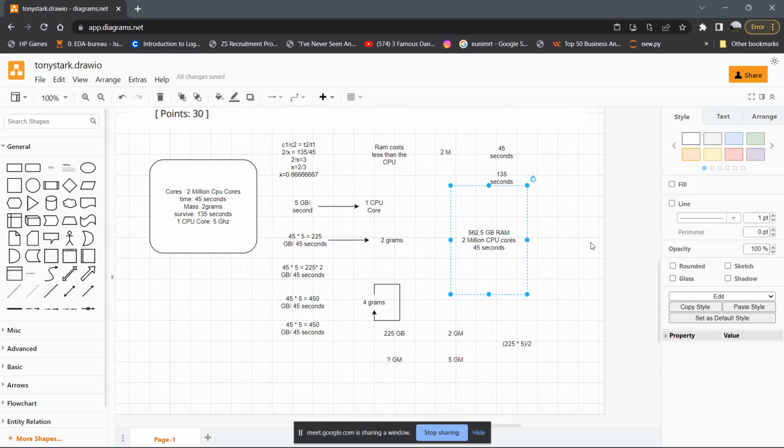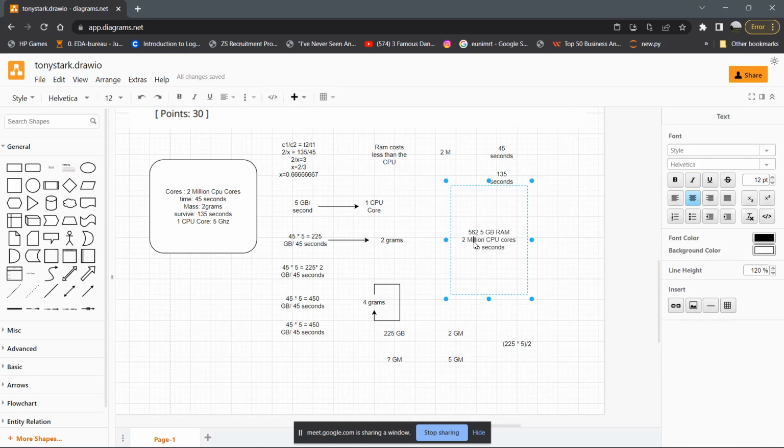Because the CPU core is more expensive, when you reduce them a lot, you're actually reducing costs. Is that correct? Yes. So now we are able to reduce the number of CPU cores to 0.6666 million cores, and the time we are taking is 135 seconds.